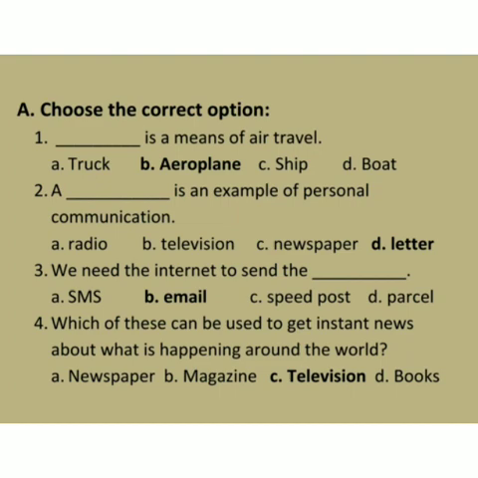We need the internet to send the dash. Yes, of course, email. We send emails using the internet. Which of these can be used to get instant news about what is happening around the world? Right, C, television, popularly known as TV.